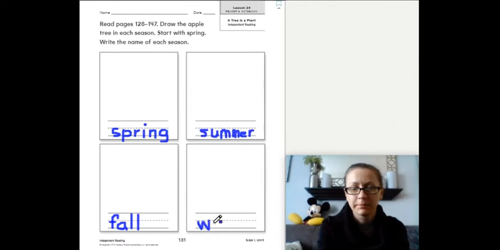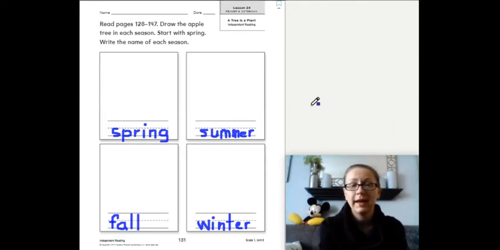So we have W, I, N, T, E, R. Winter. So there are all of your boxes labeled with the seasons that they need to go along with.